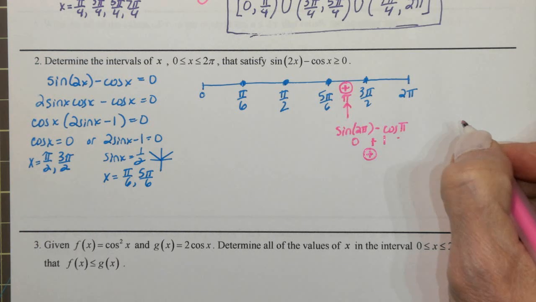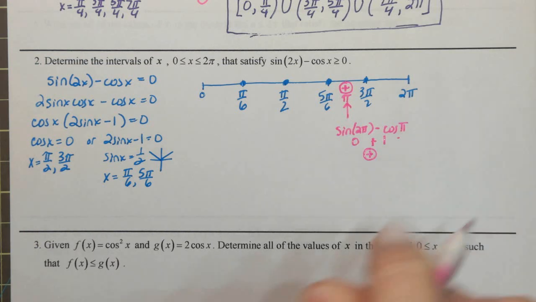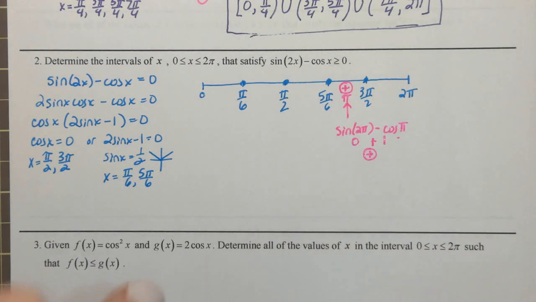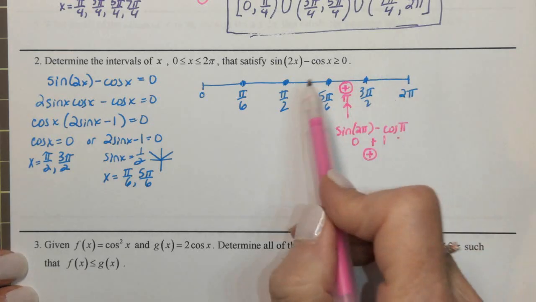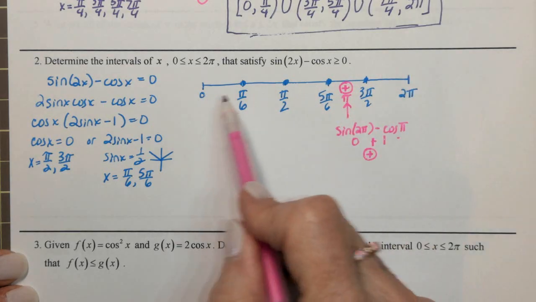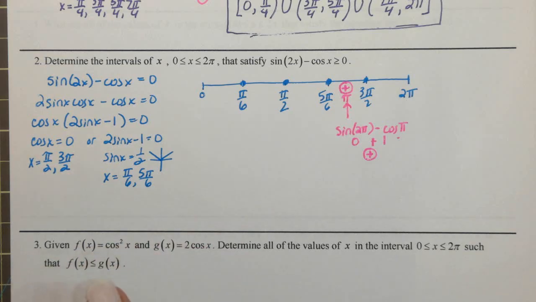Okay? Now, I will tell you guys, technically speaking, we should test every other boundary, every other interval. However, this is not a topic on the AP exam, inequalities with trig functions.